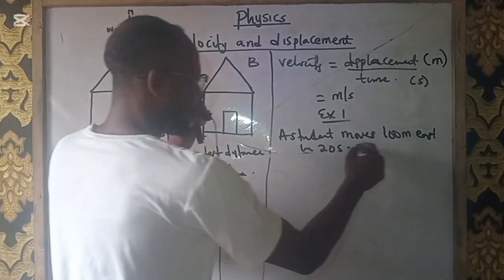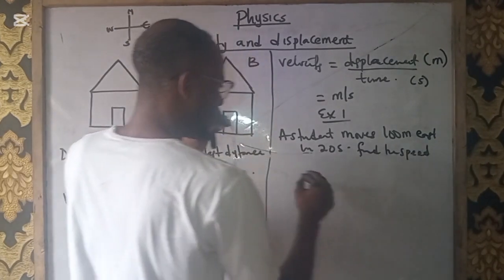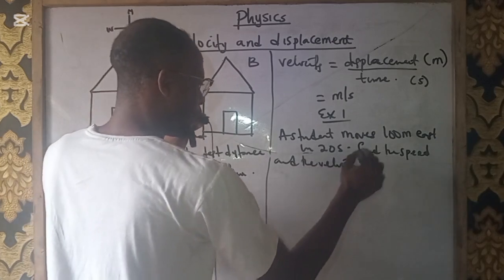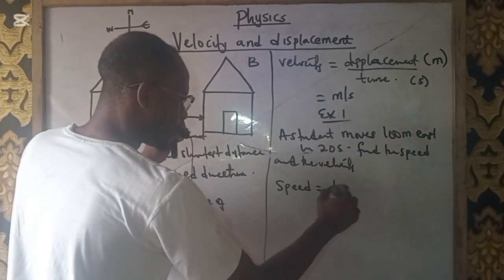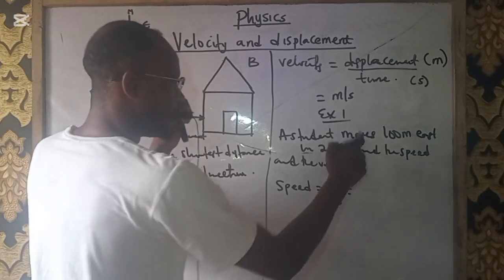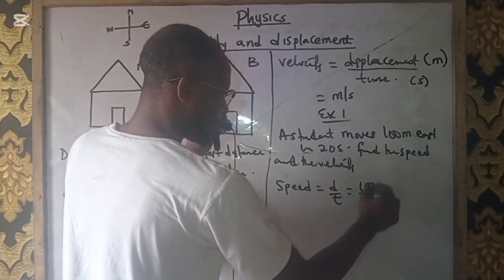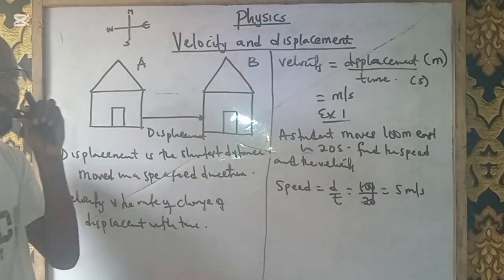Now you are asked to find two things: find the speed and the velocity. Now, to find the speed directly is distance over time. Don't forget that. The distance is 100 over 20. So this should give us 5 meter per second. You will not add anything like direction.